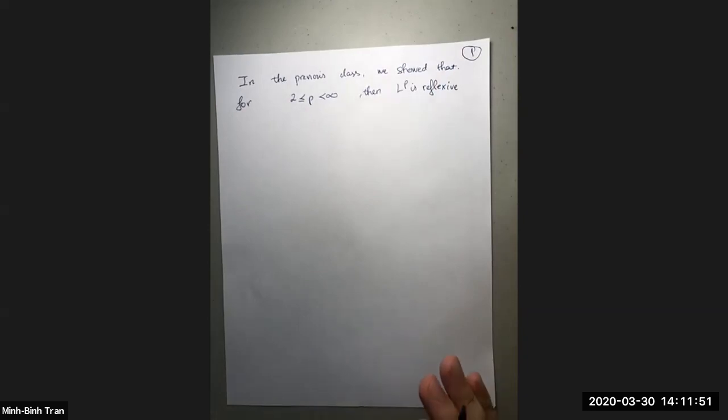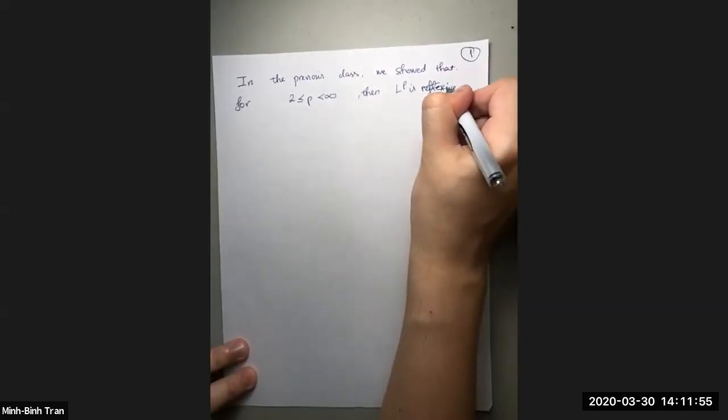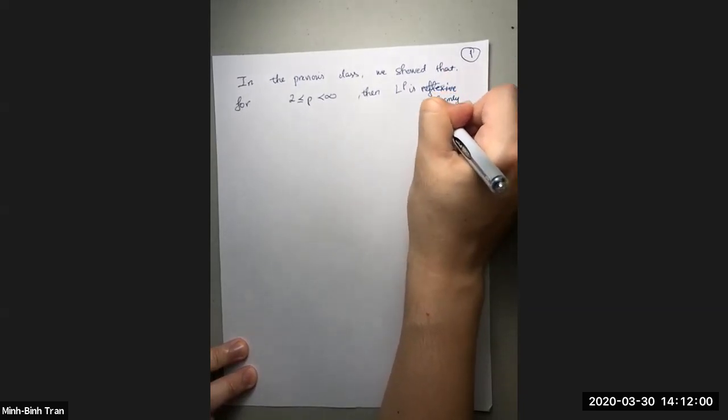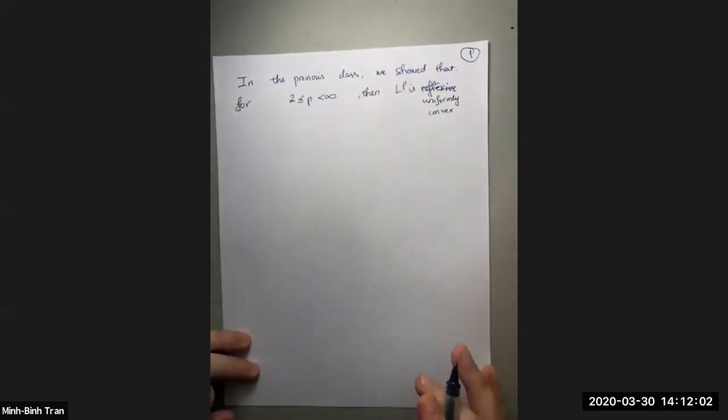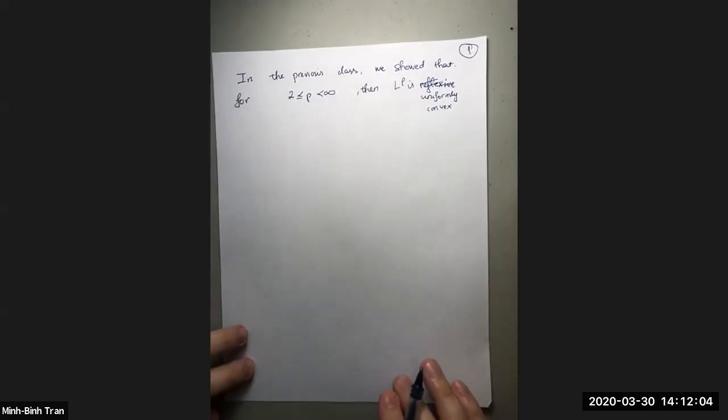So basically it's uniformly convex. All right, so in the previous class, we showed that when p is bigger than 2 and smaller than infinity, then L^p is uniformly convex.